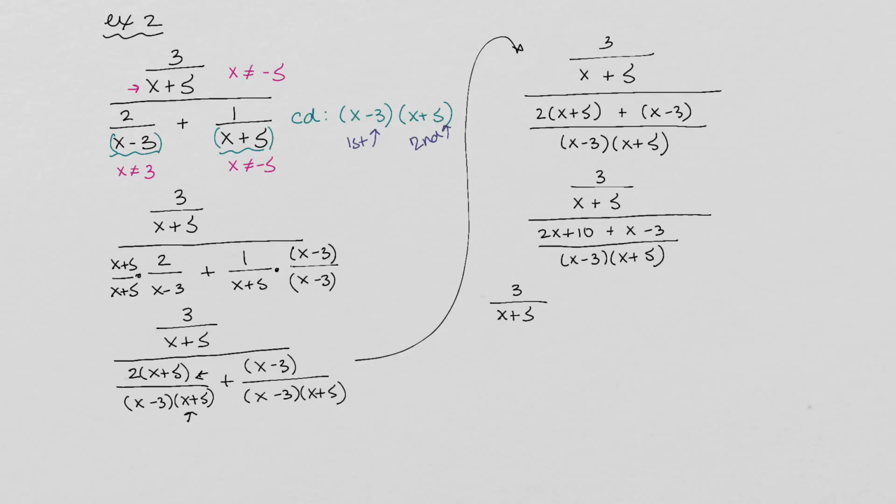And that is 3x plus 7 over x minus 3 times x plus 5.